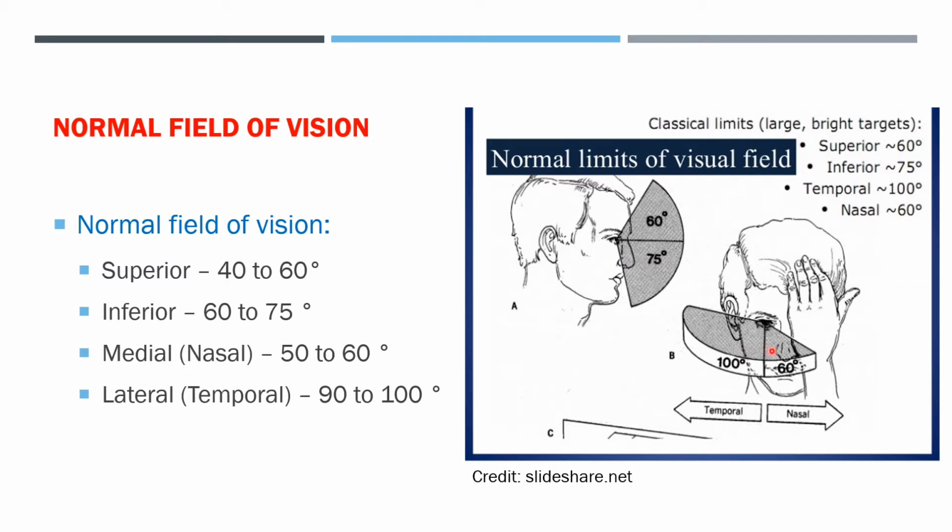On the nasal side, the field of vision is 60 degrees because the nose interferes. But laterally, there is no interference, so the range of field of vision is highest on the temporal side, that is 100. Remember this: on the temporal side, the field of vision will be the highest. So this is about the range of the field of vision of any normal person.